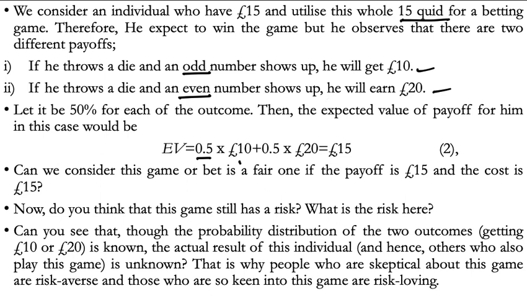Okay, so altogether expected value that he may earn is 15 quid. Can we consider the game is fair? All right, when the payoff received here in terms of expected value is 15 and the cost is 15. Yes, because the payoff is equal to the cost.